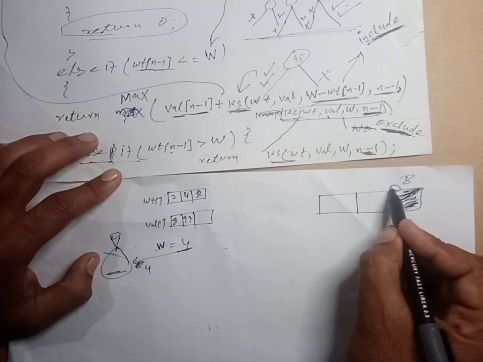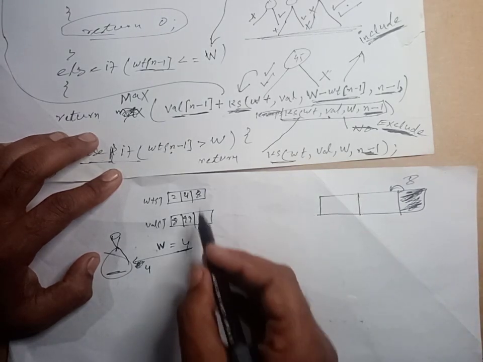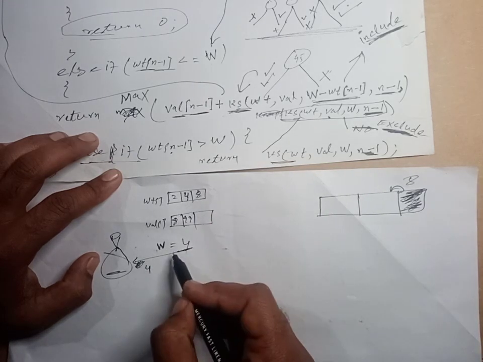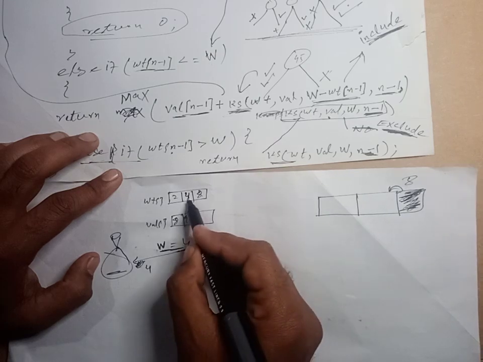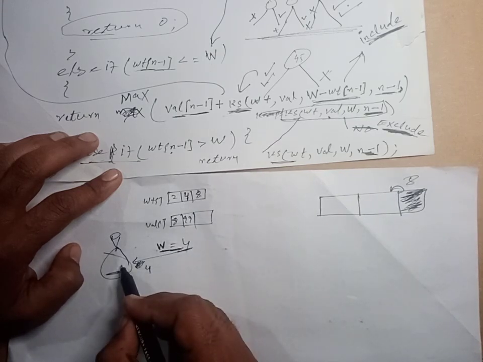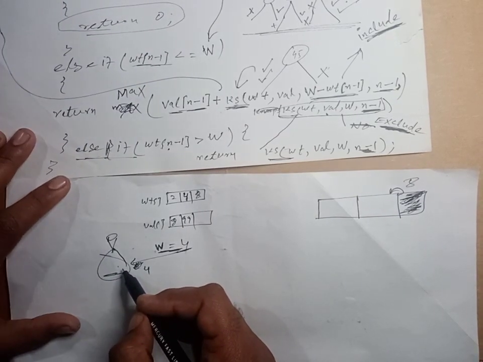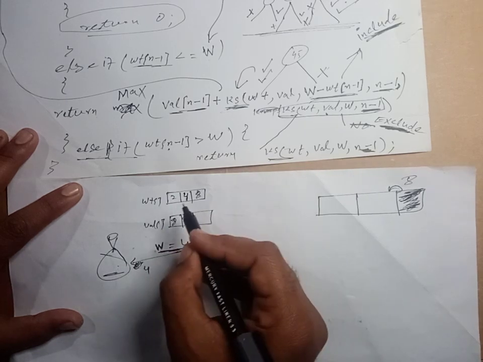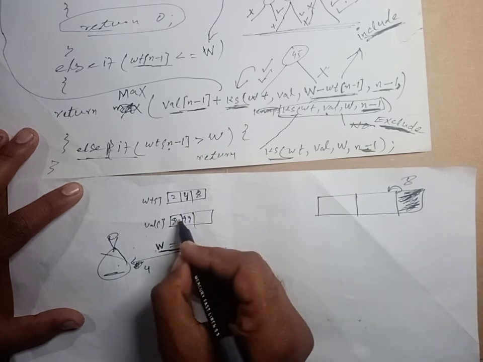So now we come here and check whether the 4 is greater than the weight which the rucksack could accommodate. This is not greater than but equal to.